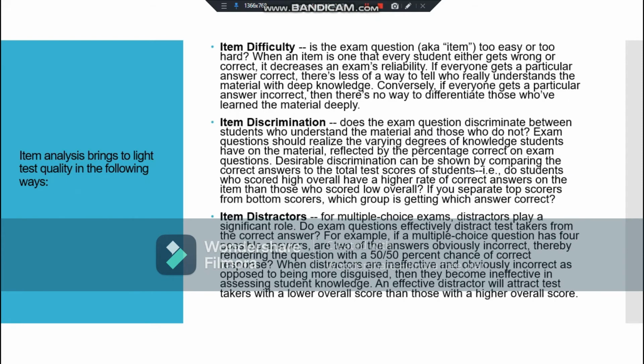Item analysis brings to light test quality in the following ways. First, we will be able to determine the item difficulty. In this way we will be able to know if the item is easy, difficult, or moderate. Another is we will be able to know the item discrimination.